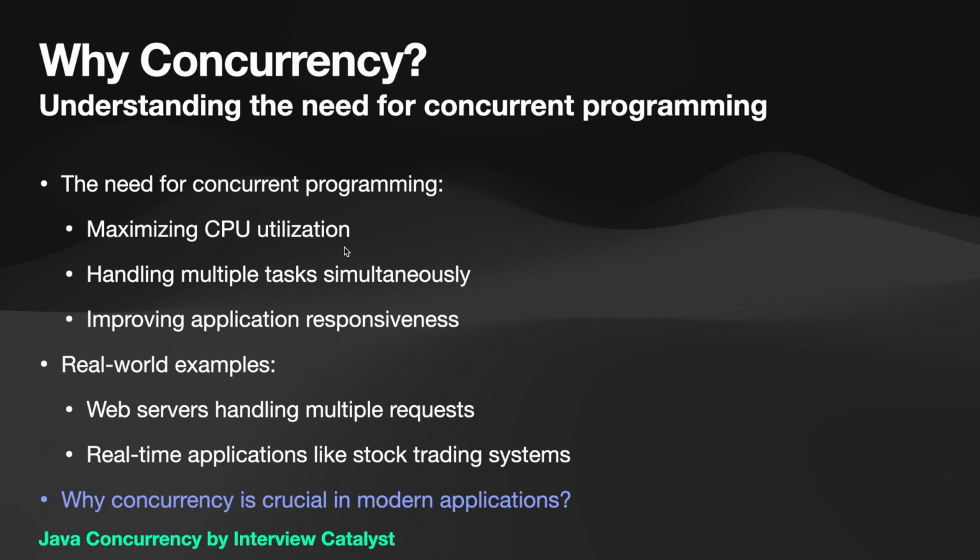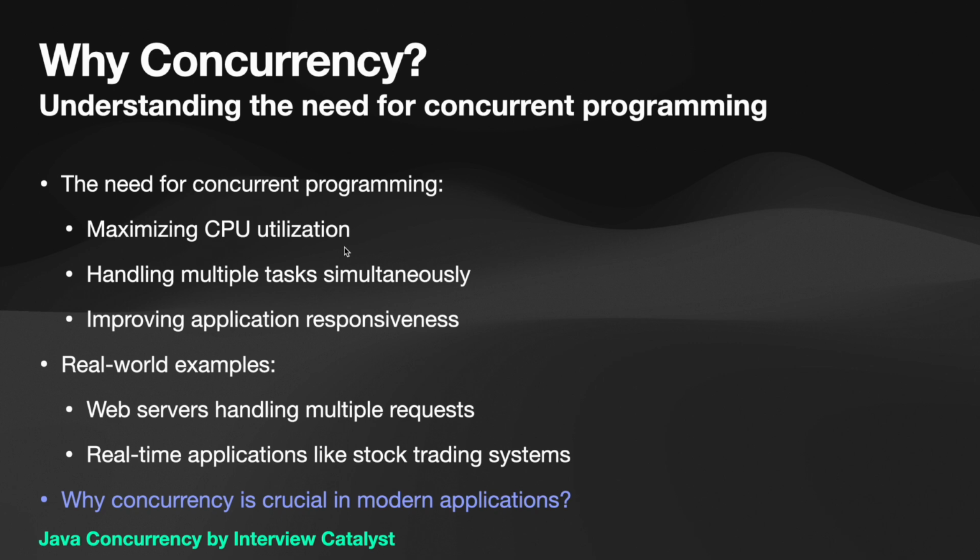Without concurrency, a single threaded application can leave cores idle, wasting computational power. For example, a video processing application can divide a video into multiple chunks and process each chunk on a separate core. It's significantly speeding up the task.